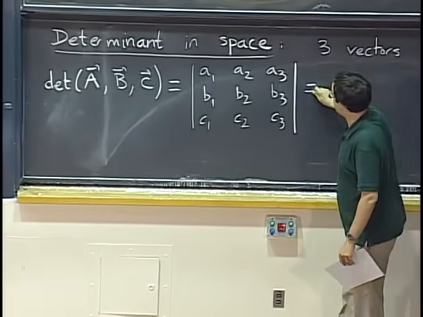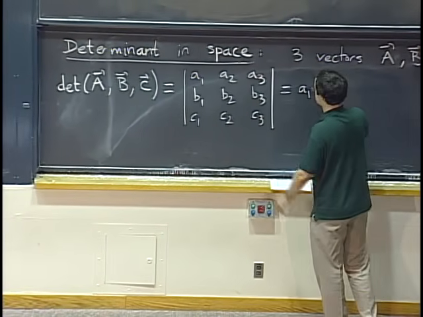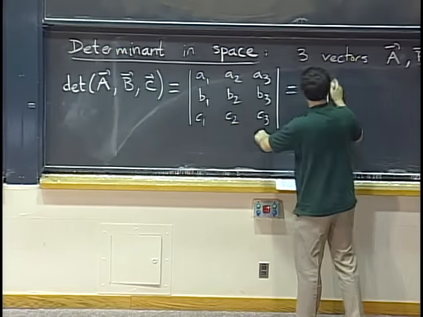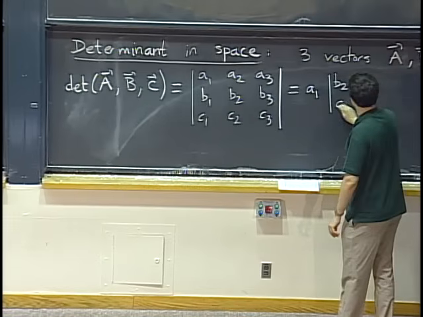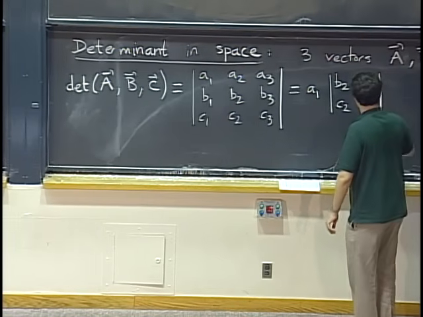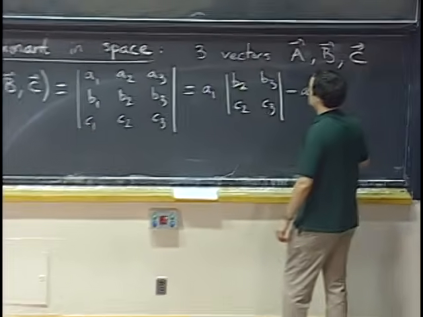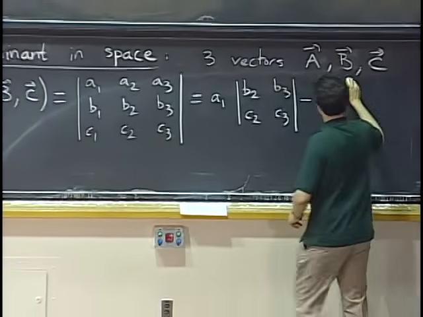Well, the definition I will take is that this is A1 times the determinant of what I get by looking in this lower right corner. So the 2 by 2 determinant, B2, B3, C2, C3. Then I will subtract A2 times the determinant of B1, B3, C1, C3.